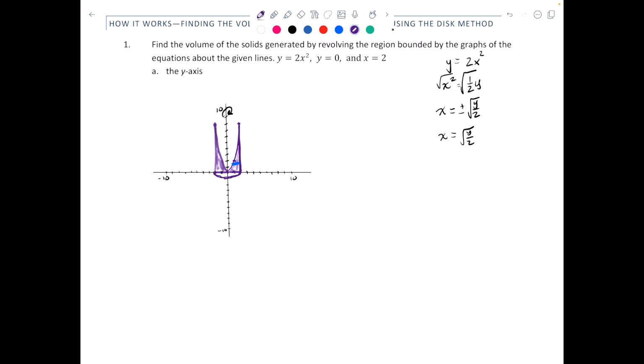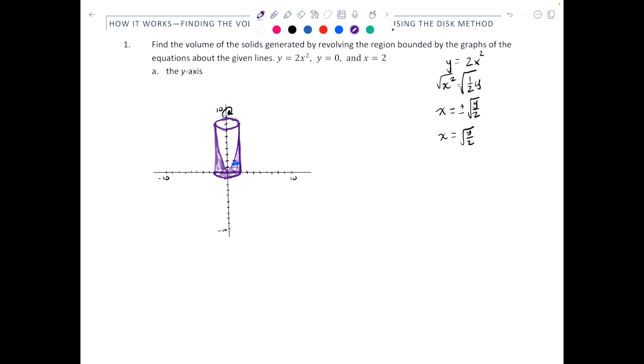Something like this. And a little shading. It's interesting, isn't it, the different solids they make? So it's almost like a drink cup. Cool, cool.